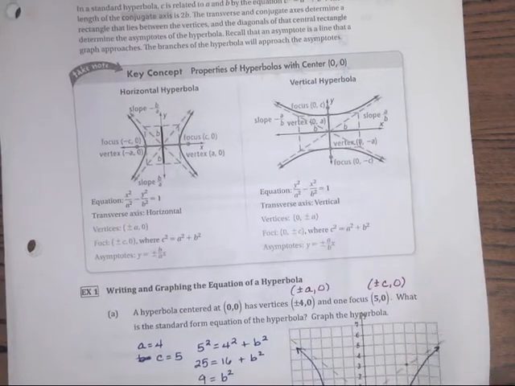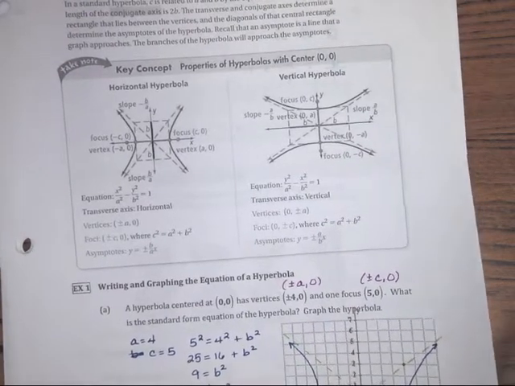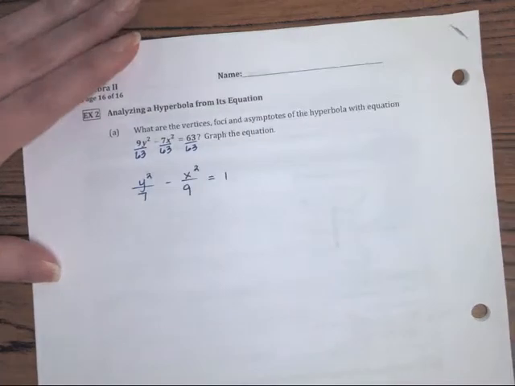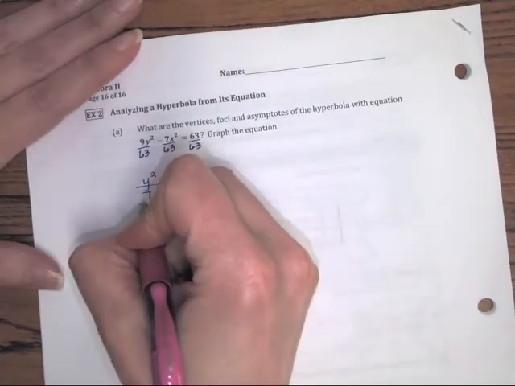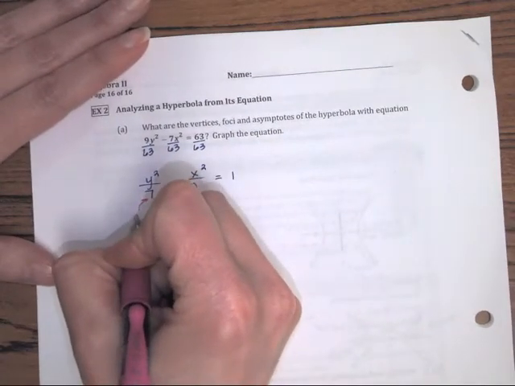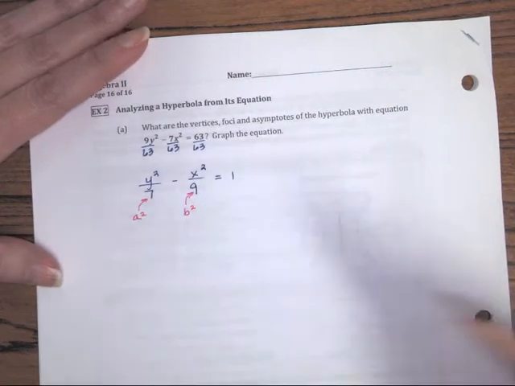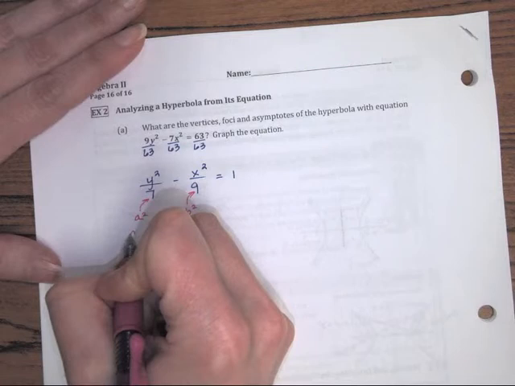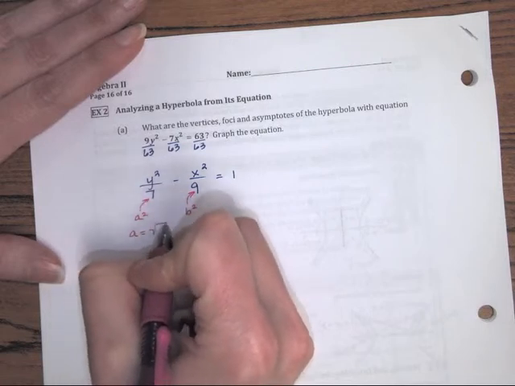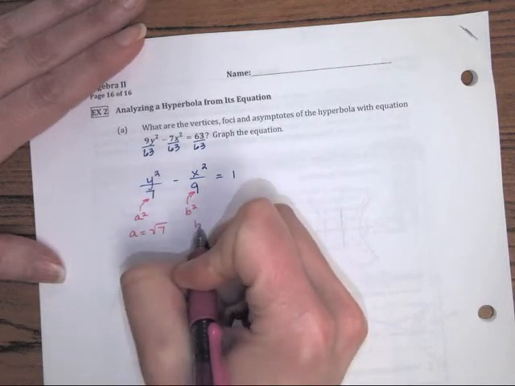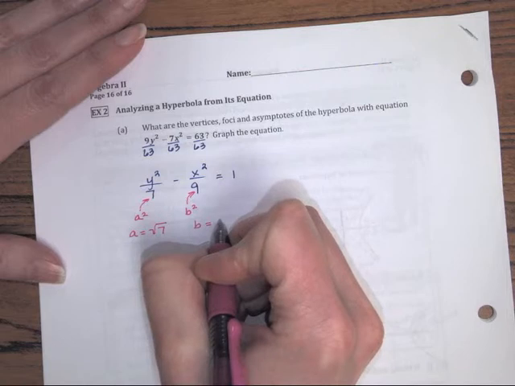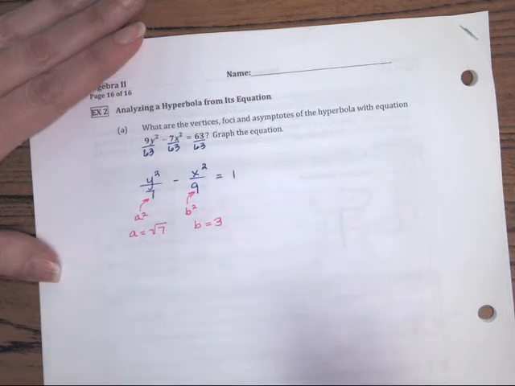So we got to find a and b, all right? Let's put a little arrow right here. This is a squared. This is b squared. So that means a equals the square root of 7, and b equals 3. Agree?